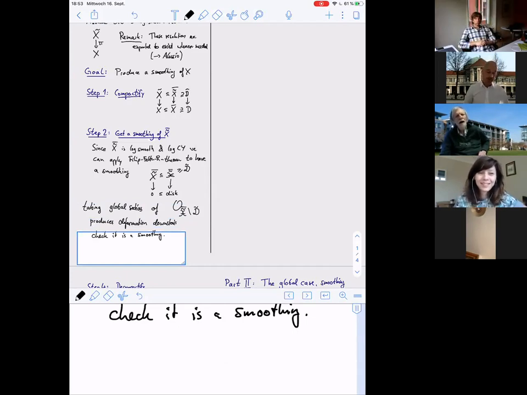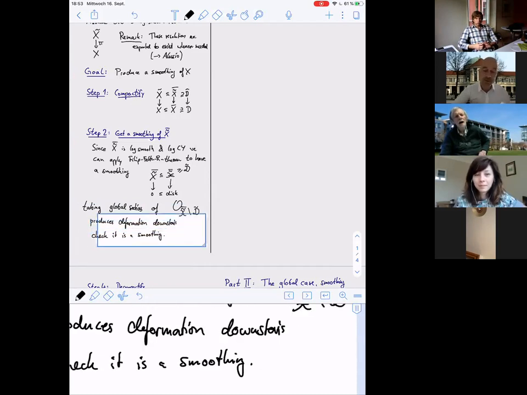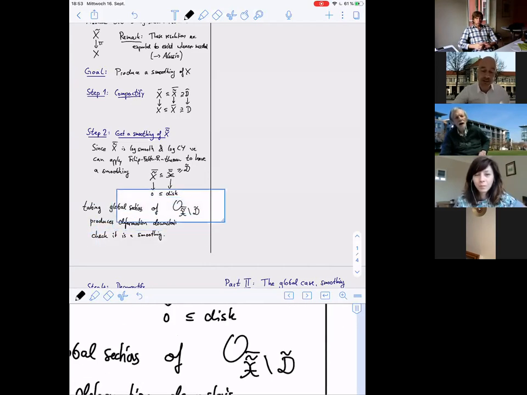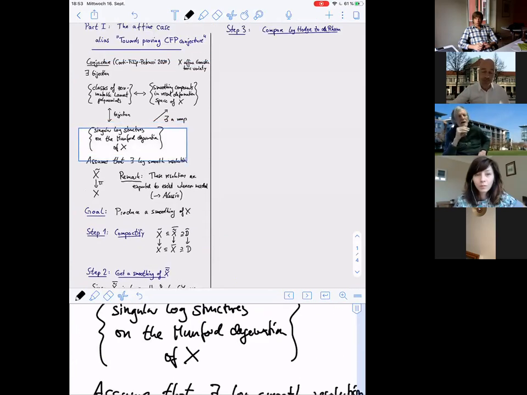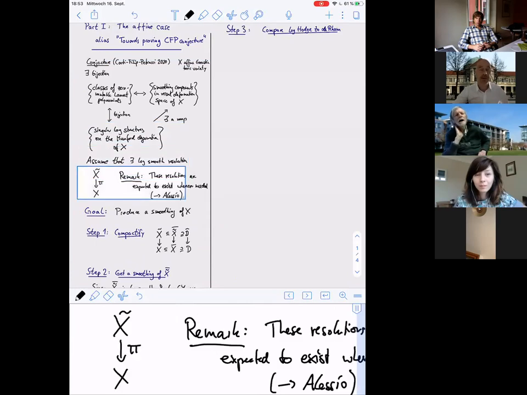Except maybe you want to know uniqueness. Okay, how is it well defined? So remember that I actually wanted to construct a map here, right? So I'm given a single log structure, then I have a resolution, but that might be a choice. You can have different resolutions. And I've now used the resolution to produce a smoothing of X downstairs. But how about if I use a different resolution to get the same smoothing?